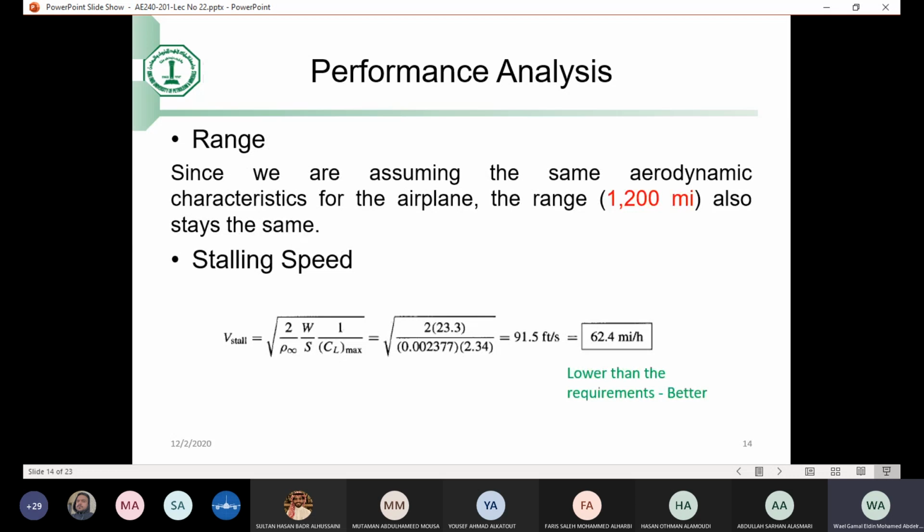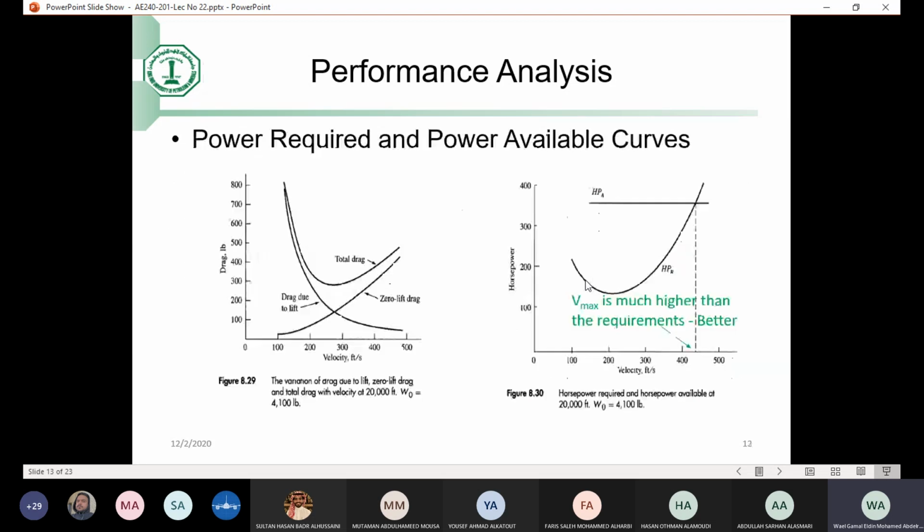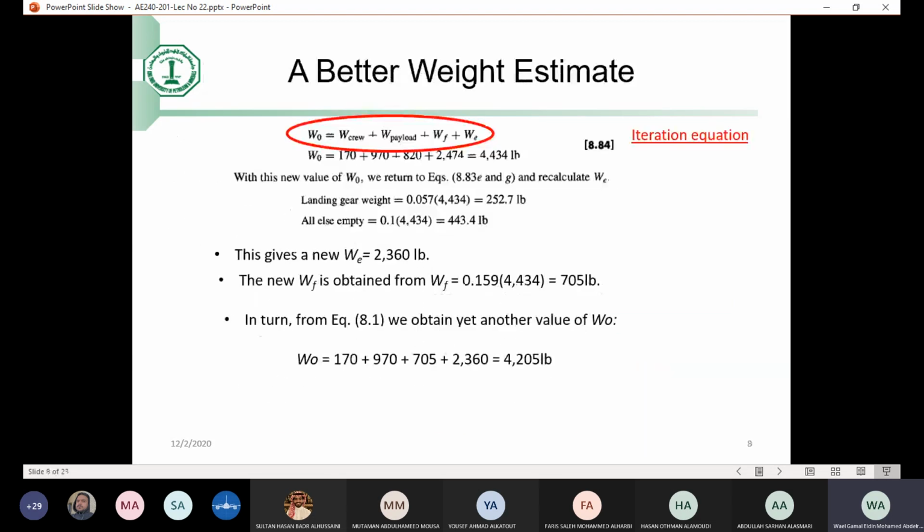What about the range? If you look at the range equation, it doesn't have the total weight of the aircraft. So it's not sensitive to the changes we made to the weight. Because in the range equation, we have weight ratios, WF over W, and this did not change. The WF over W was 0.159.